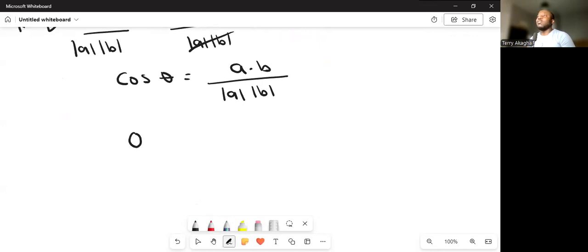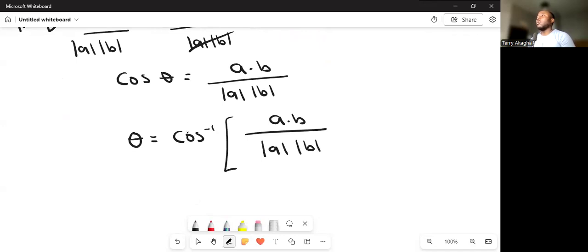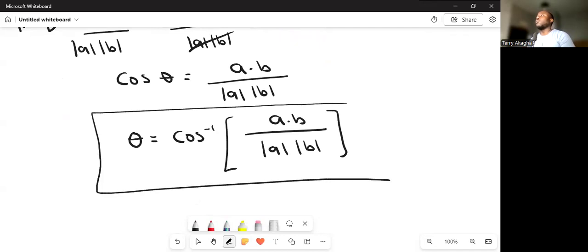So theta is going to be equal to the cos inverse of A dot B divided by the magnitude of A and the magnitude of B. This formula is the fourth one I want you to take note of.